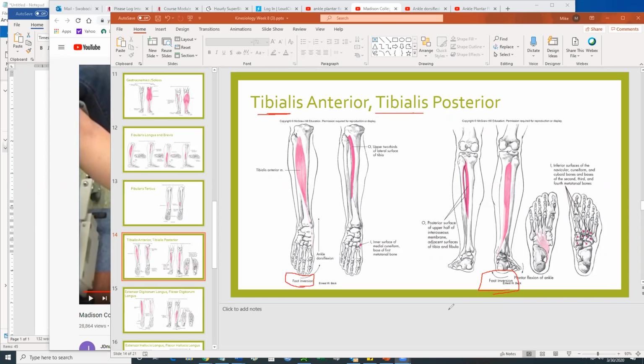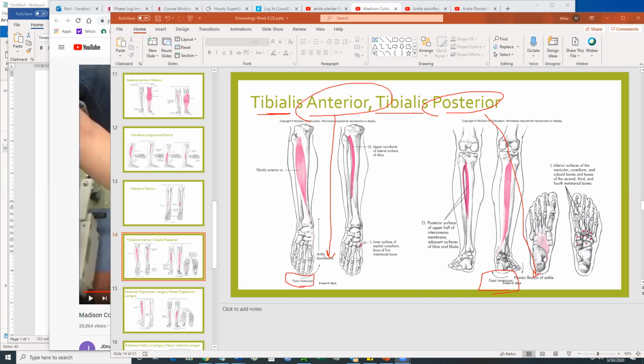The main difference is where they insert on the foot, because tib posterior is going to help you with plantar flexion, whereas tib anterior is going to be your primary dorsiflexor.